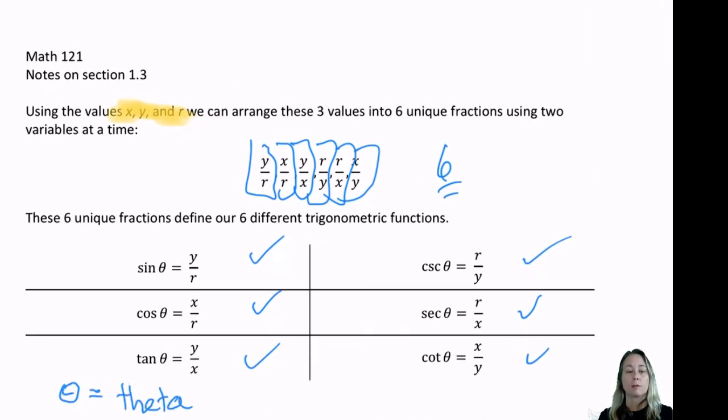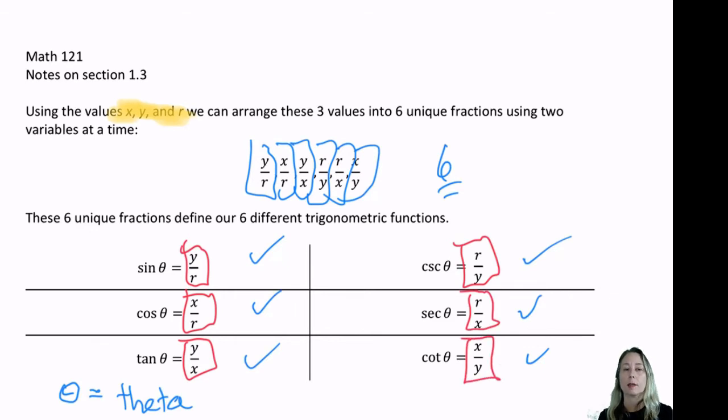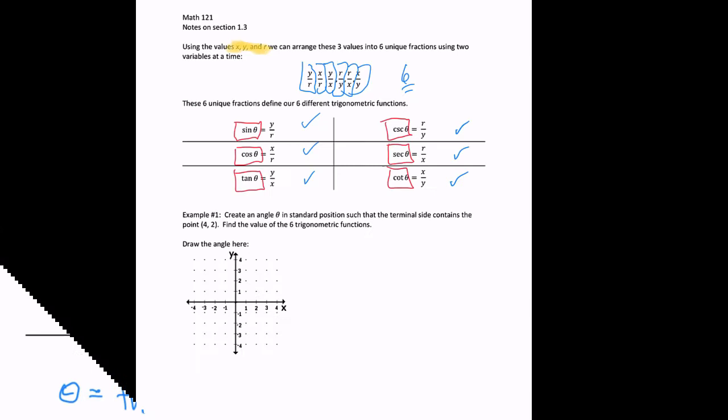Each trig function is a function of theta, which means the angle theta determines the output value, which you see here as a fraction. We say sine of theta equals y over r, cosine of theta equals x over r, tangent of theta equals y over x, and you can practice the other 3 yourself by saying them out loud.